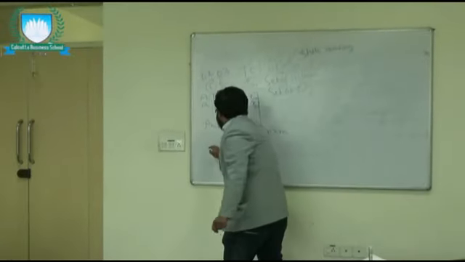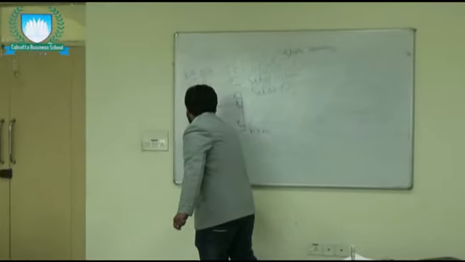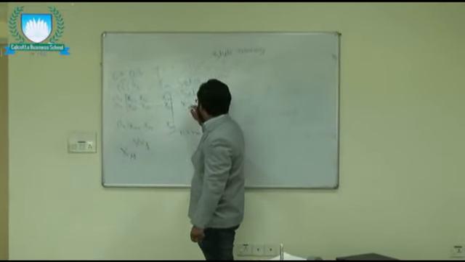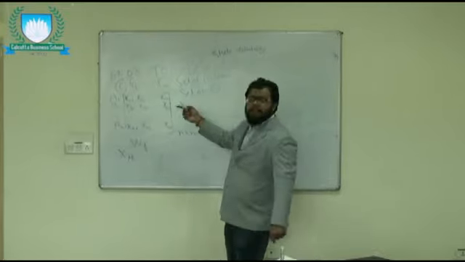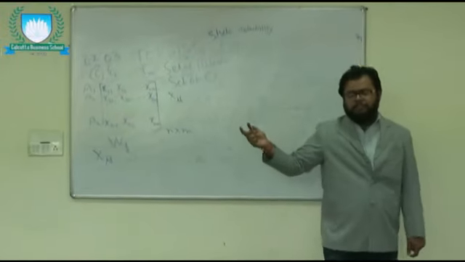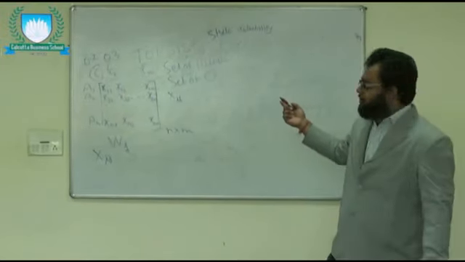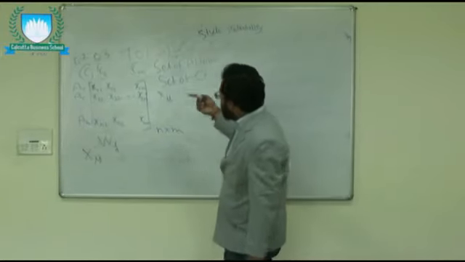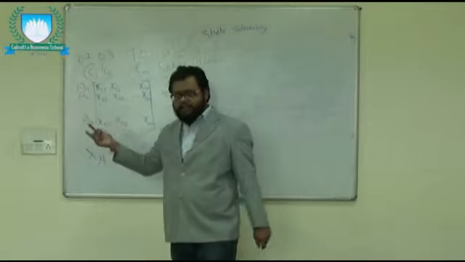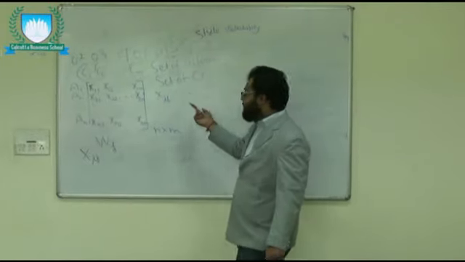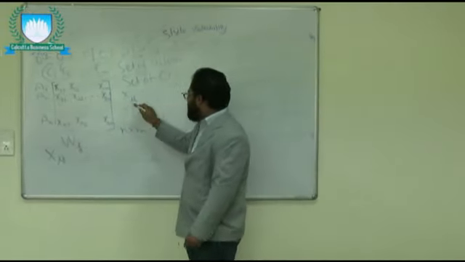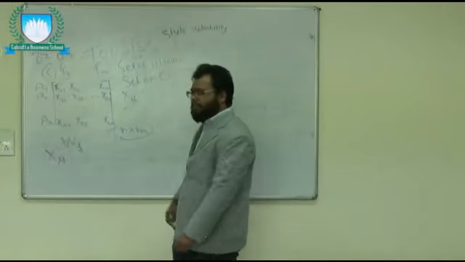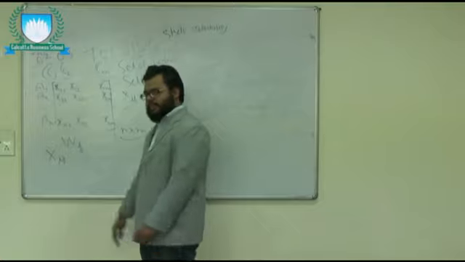These xij's are the elements of the matrix. xij represents the score of the ith alternative against the jth criterion. So this n cross n matrix is the original matrix which you have right now.